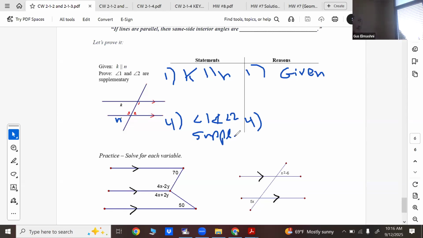What can you say about angles 2 and 3? They add to 180. Yes, correct. So we could say the measure of angle 2 plus the measure of angle 3 adds to 180 degrees.